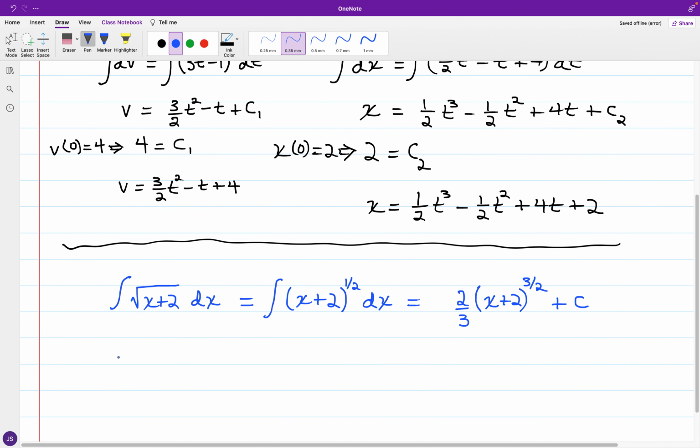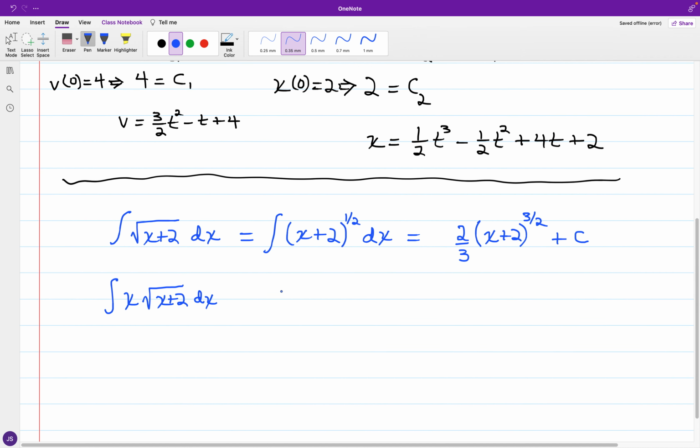Now, let's say you're looking at the integral of x times the square root of x plus 2 dx, and one pathway is to utilize integration by parts.